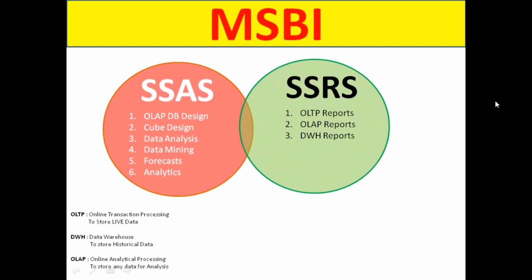Three types. Say OLTP, then we have the data warehouse, and next, we have OLAP, analytical databases.